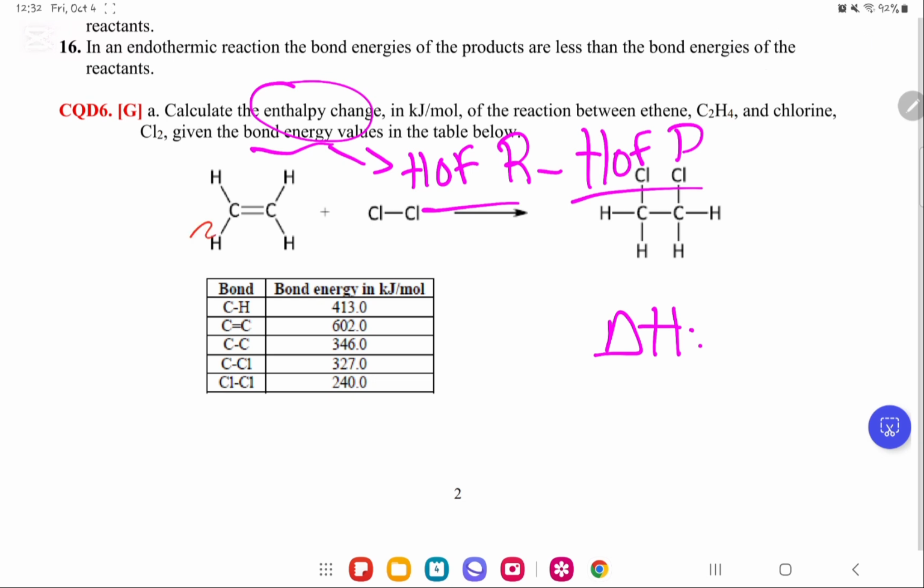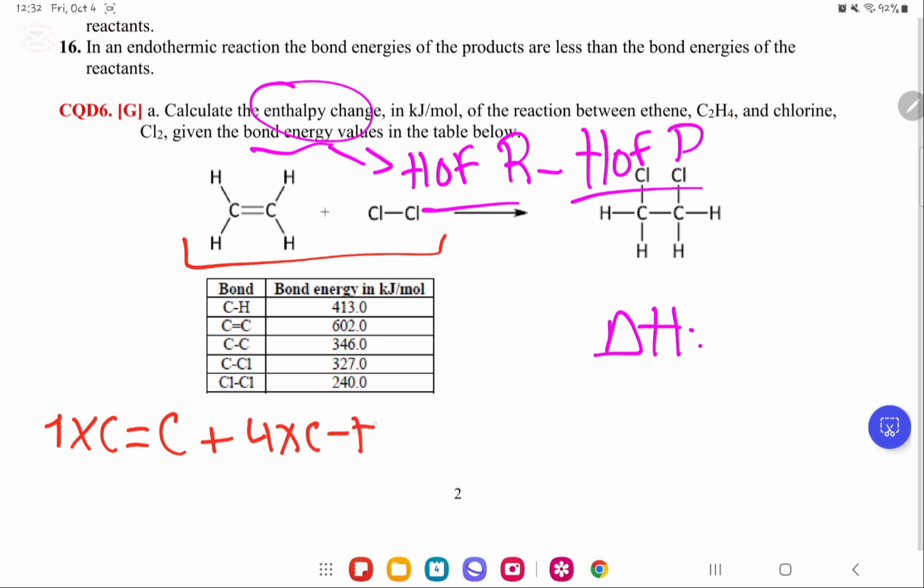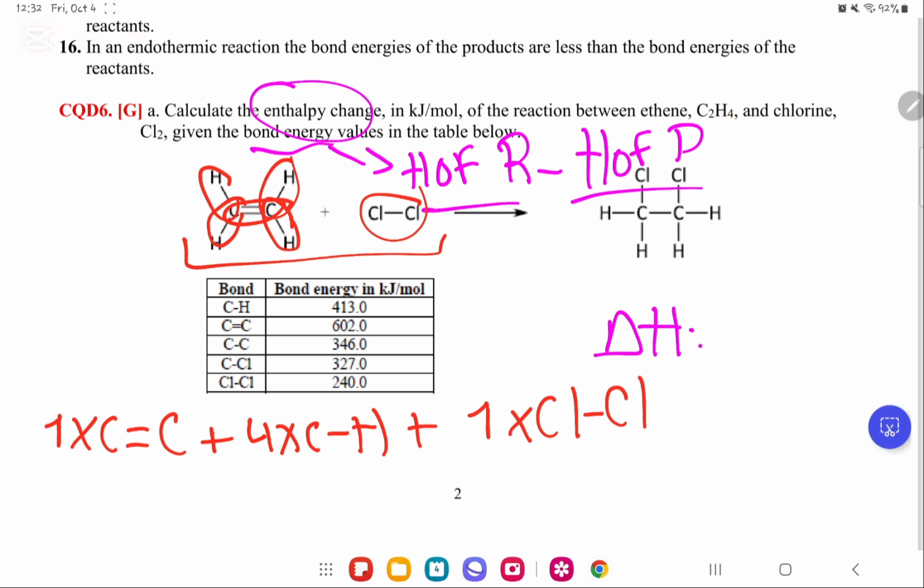So first of all, let's find the heat of the reactants. In the reactants, we have 1 C double bond C and 4 C single bond H, plus 1 Cl single bond Cl.